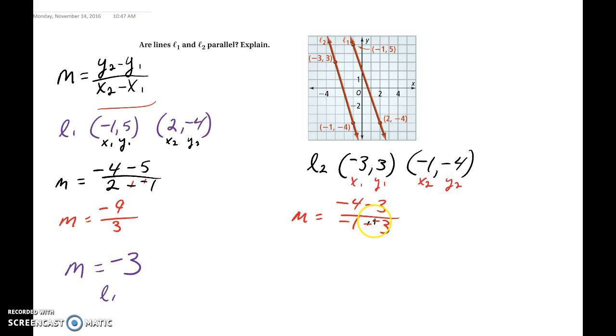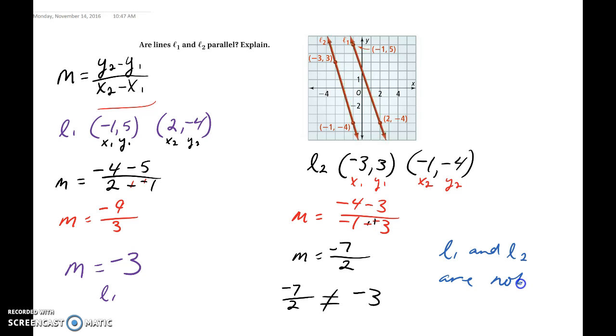This will turn to plus, so our slope is equal to -7 over 2. Since -7 over 2 does not equal -3, we can say that line 1 and line 2 are not parallel. If they gave us the same slope, then we would say that they are parallel, but since they gave us -7 over 2 and -3, they do not equal each other.